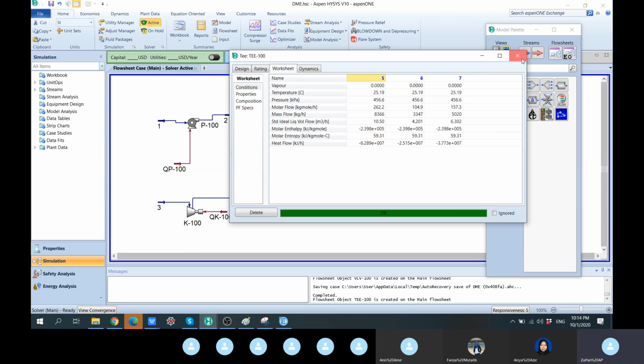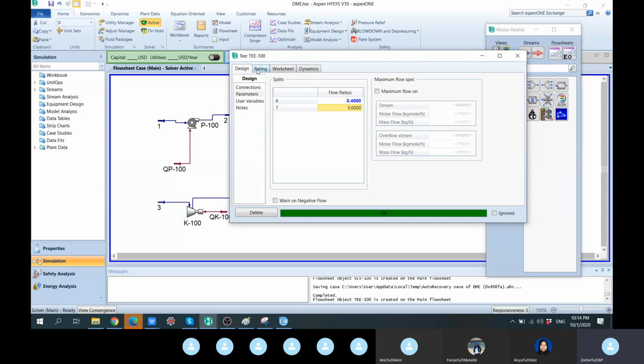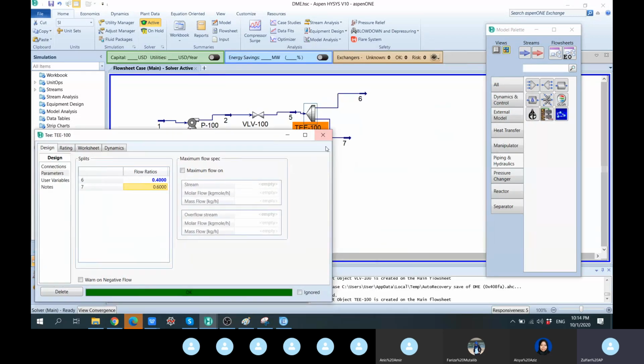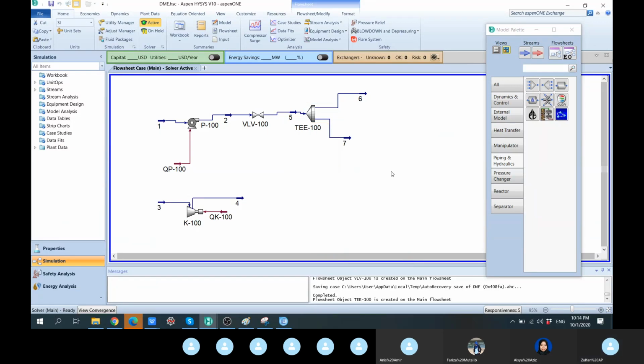Okay, so now we have specified one. We have one specification filled in for the flow ratio. So what do you think the equation within this T should be? M5 equal to M6 plus M7. Yeah, exactly. So M5 equals M6 plus M7.